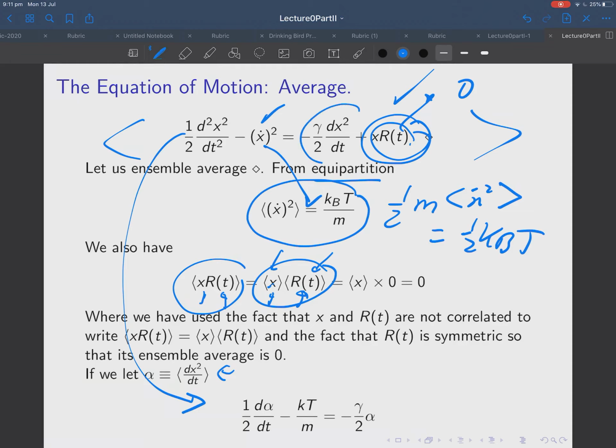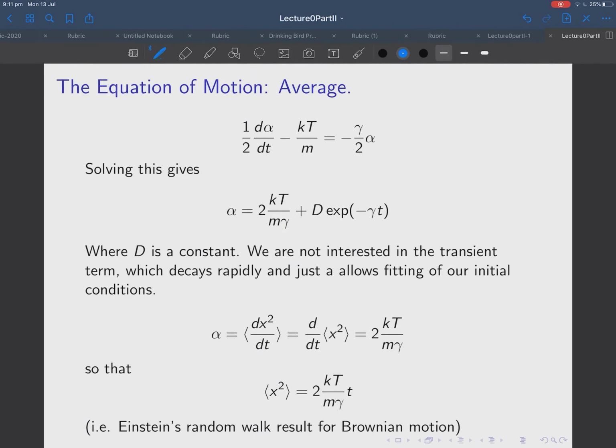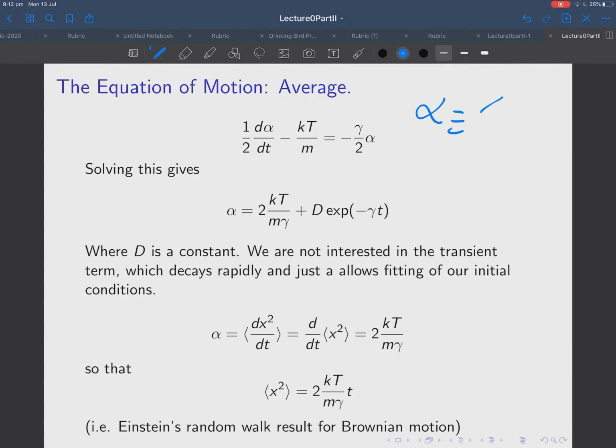Because d x squared by dt is alpha, and this is d alpha by dt here, which is the derivative of that. So that's what our equation becomes. I'll write that out in the next slide. So this is our average equation of motion. Remember, alpha here is defined to be the average of d x squared by dt. So that's our equation of motion on average.